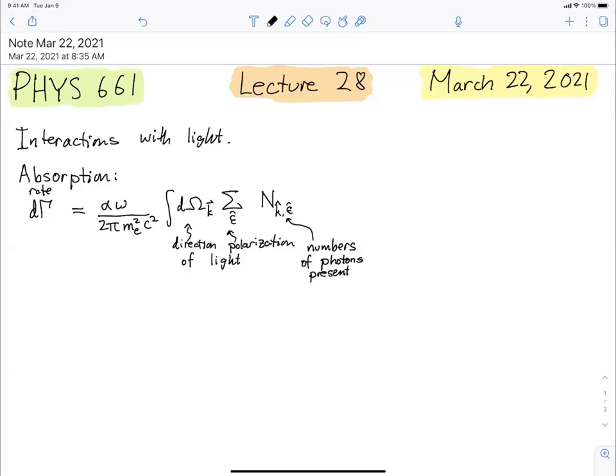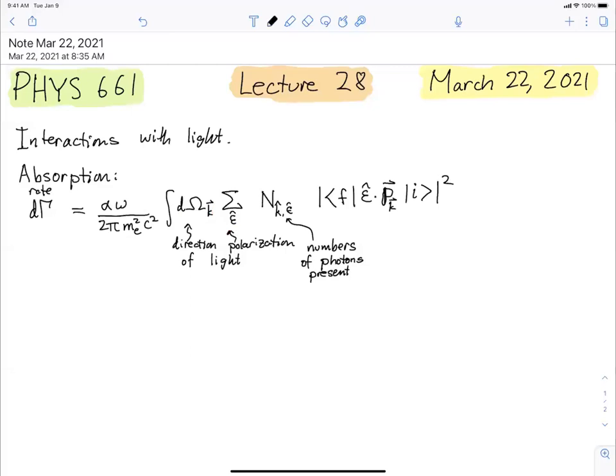If I have my atoms maybe sitting in some bath of photons, there might be lots of those. And then the thing that comes next is a matrix element that we haven't talked about much yet, but we're going to talk about a lot today. This is actually a curly P. This is a vector dotted into the polarization of the wave. And that matrix element appears squared.